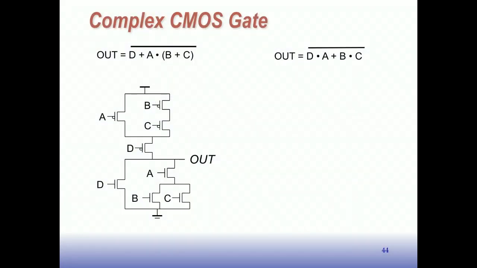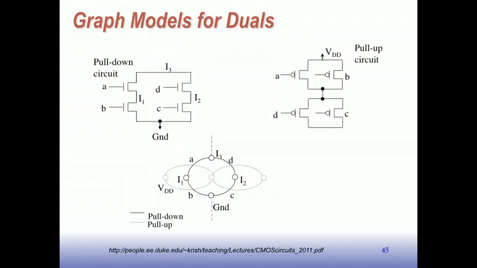Okay, I'll show you one more thing about making duals. Most of the time, it's very simple to figure out the dual, like I was just doing here. You look at what's in series in one network and then put them in parallel in the other network and vice versa. There's a graphical way that you can use for doing this as well, which I've shown in this slide.